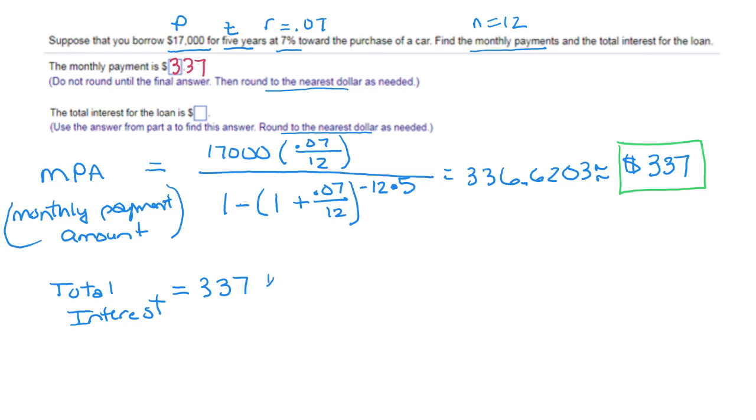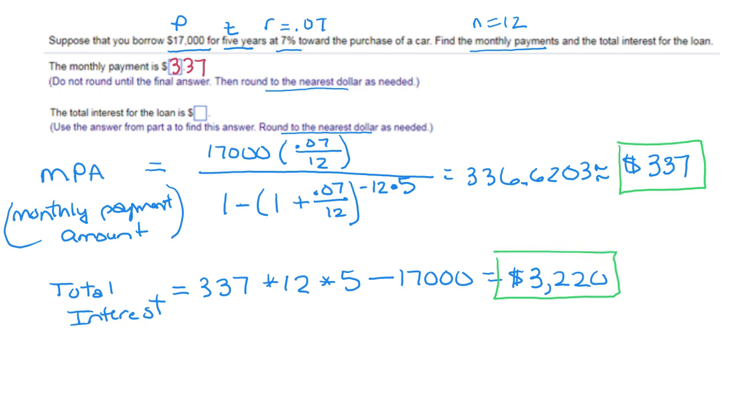We're going to multiply it times 12 times a year for 5 years. Remember, that's the same thing as 60. We're going to get our answer, and we're going to subtract the amount we borrowed, the $17,000. And if you do this, you will find the total interest is $3,220.